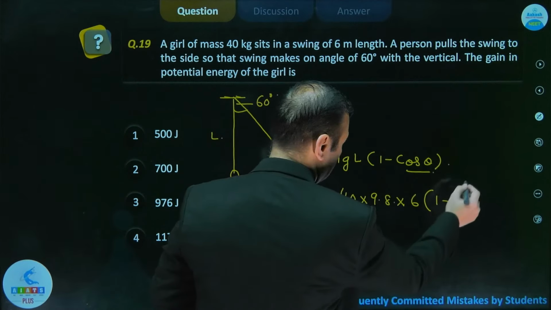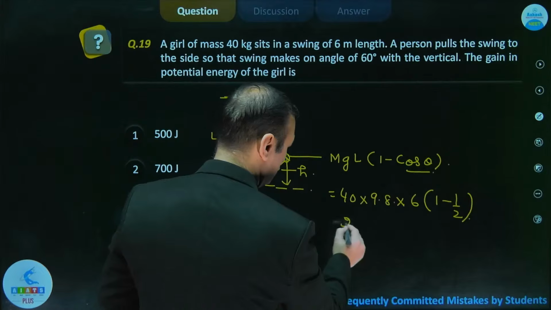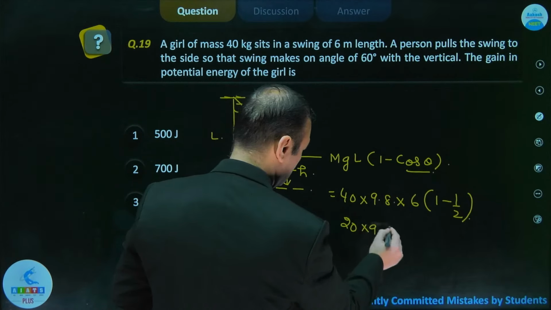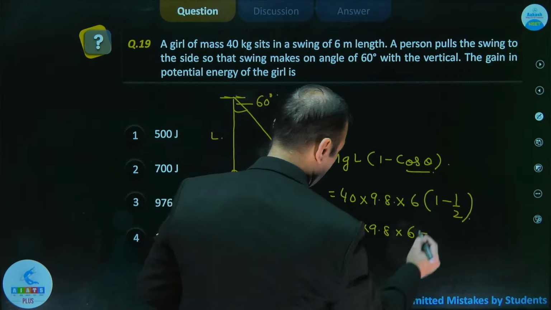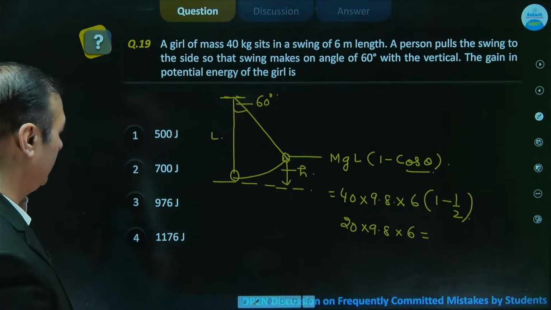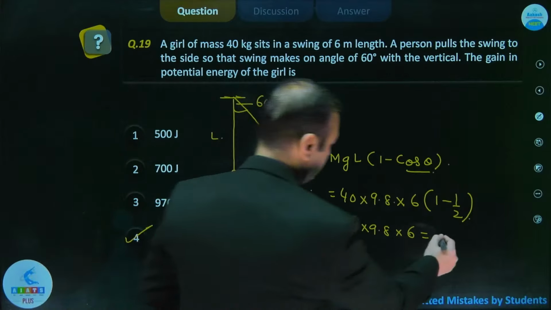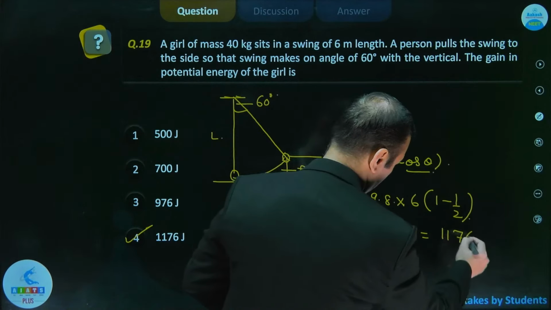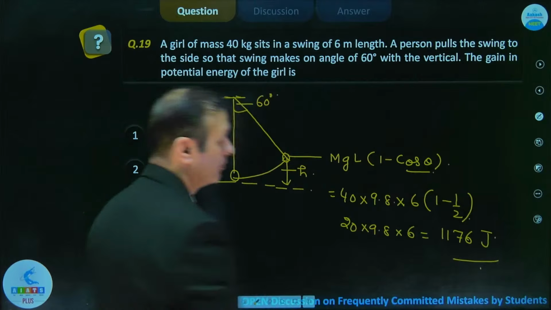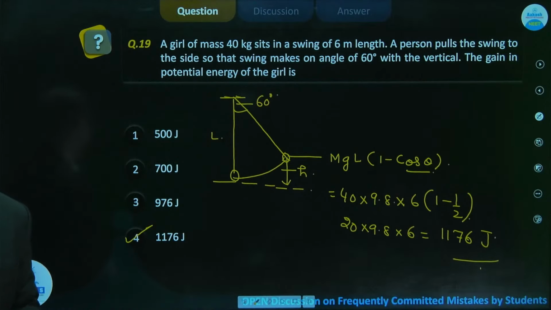So that precisely keeps it as 2. And when you multiply it, it's close to 1176 joules. Got it? Any doubt?